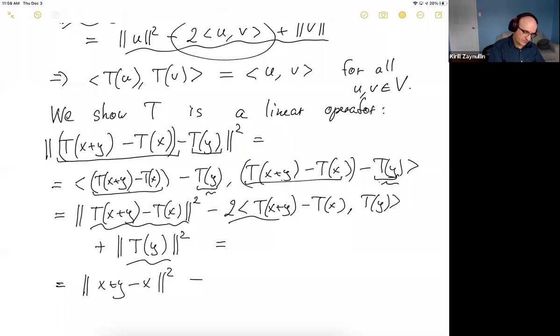Then we can expand this expression, 2 of T of x plus y, comma T of y, minus 2 of T of x, comma T of y.